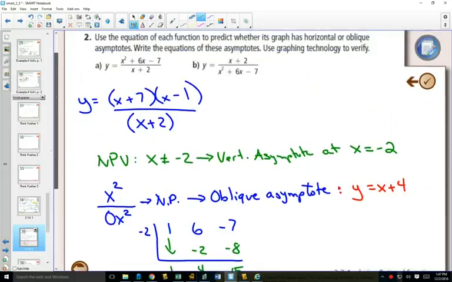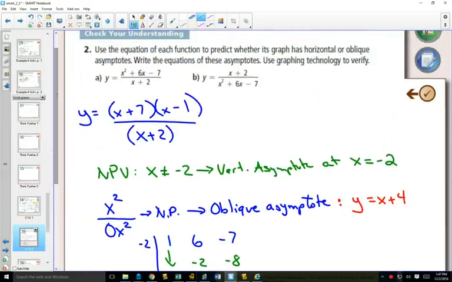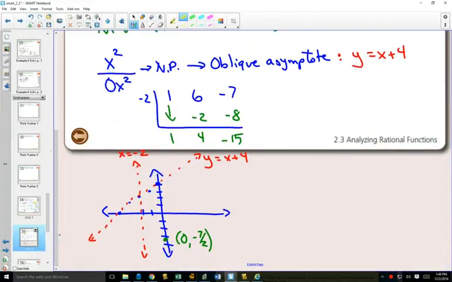For our x-intercepts, we find them by making y equal 0, and it's always nice to use your factored form, because once it's factored, the only way a fraction is equal to 0 is if the numerator is equal to 0. So what values are we going to have? 1 and -7.